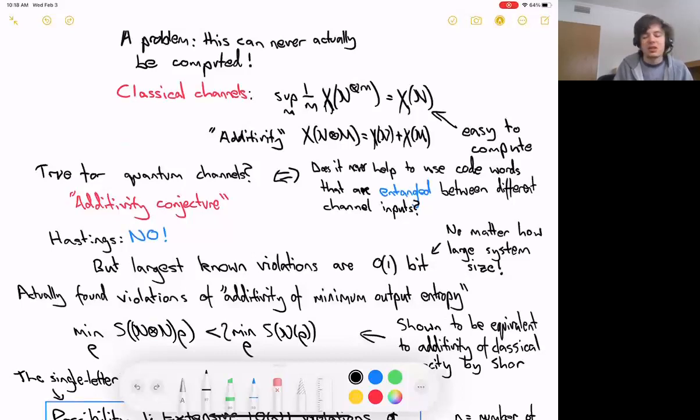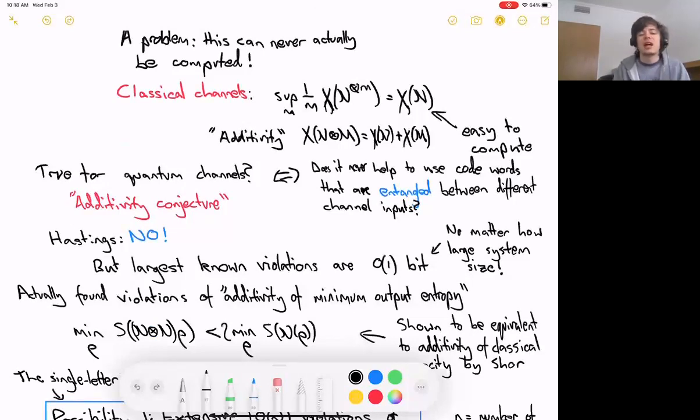The largest known violations, even, this was a big subfield for a while after Matt Hastings wrote this paper, people searching for new violations of additivity and so on. People tried really quite a lot. And whatever weird, wacky, random channel constructions they came up with, the violations never got larger than about 1 bit. In fact, it's almost exactly 1 bit that is the biggest violation known.